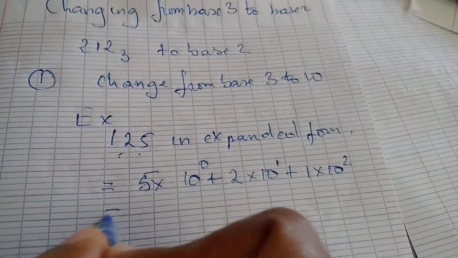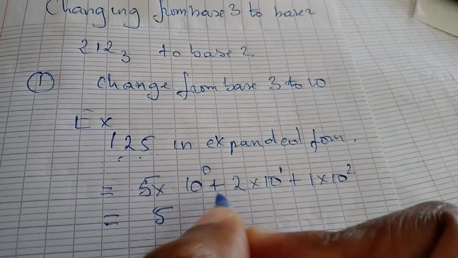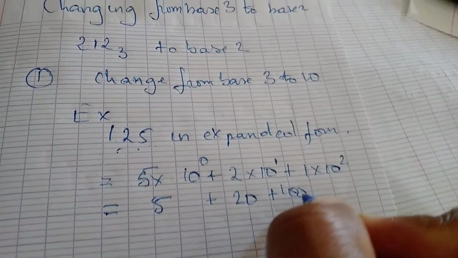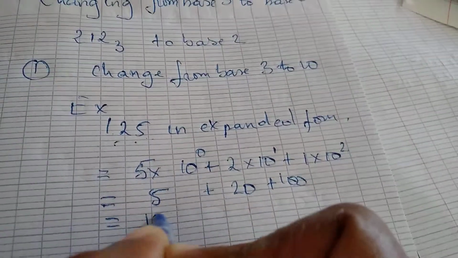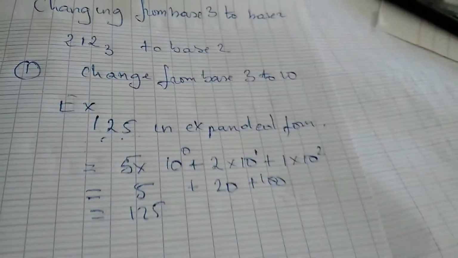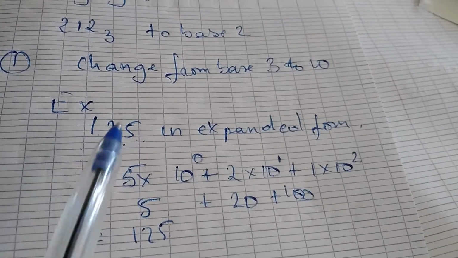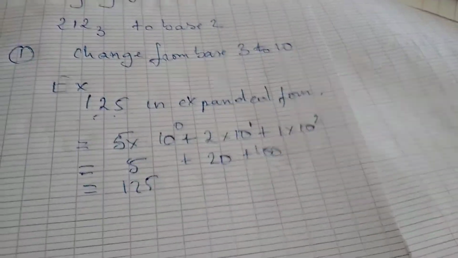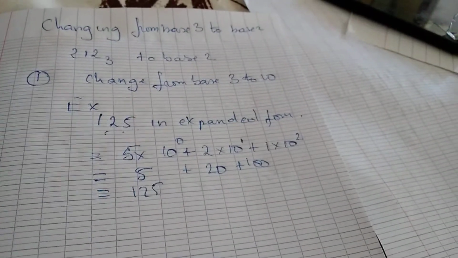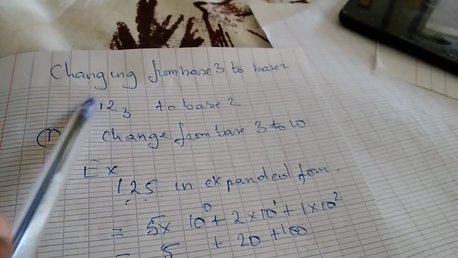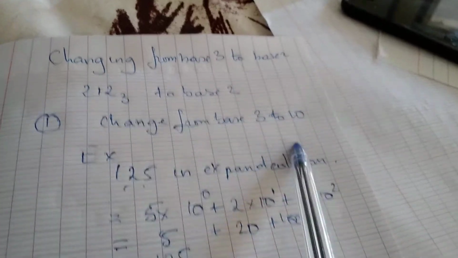So I get 5 plus 20 plus 100, which at the end of the day is 125. I just wrote the same number in expanded form.